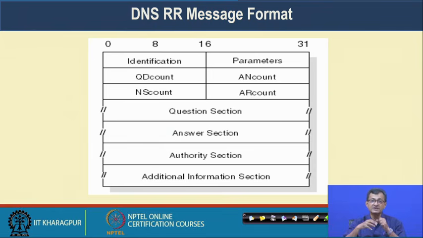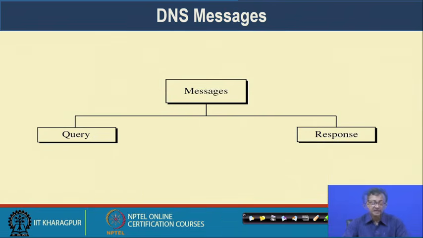Whenever this RR message is exchanged, this format is followed. That means for DNS clients and servers or DNS zone transfers, this is the standard followed, so that everybody understands the other's message. A DNS message is typically of two types: one is query, another is response.